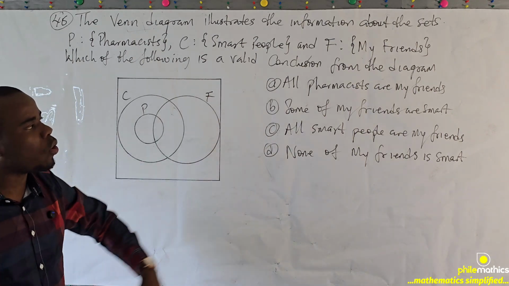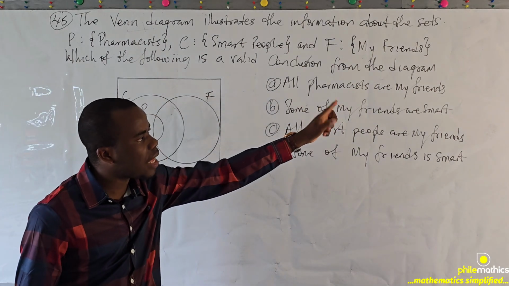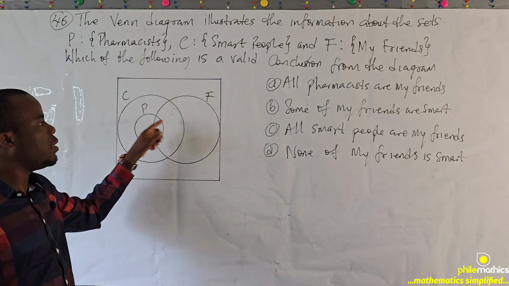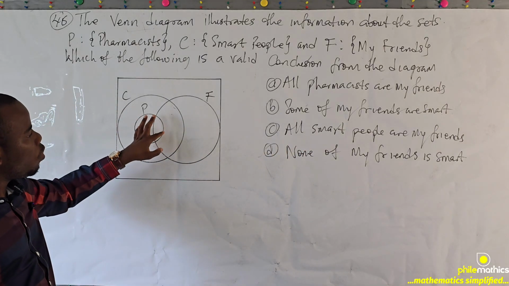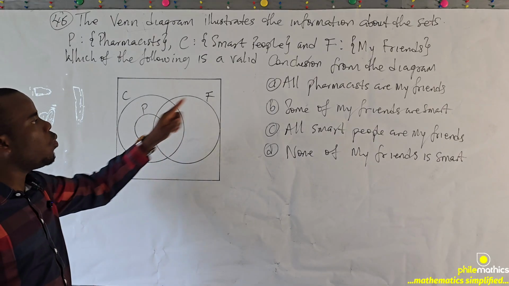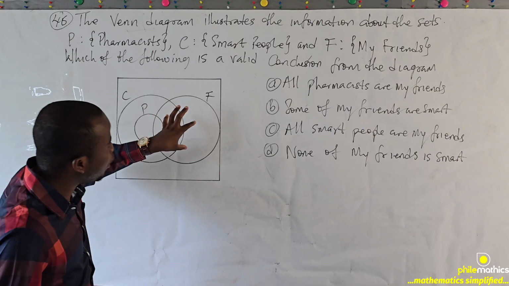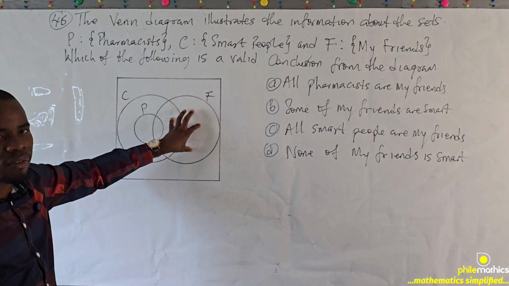So let's look at all of these one by one. All pharmacists are my friends. This is pharmacists, these are my friends. No, no, no. This will only be true if the pharmacists are a subset of my friends.